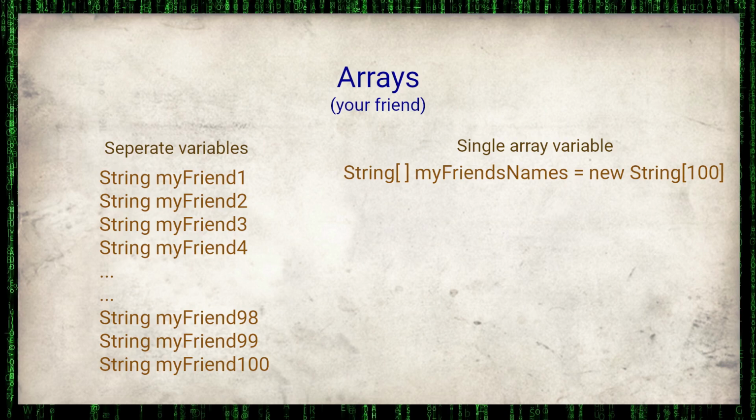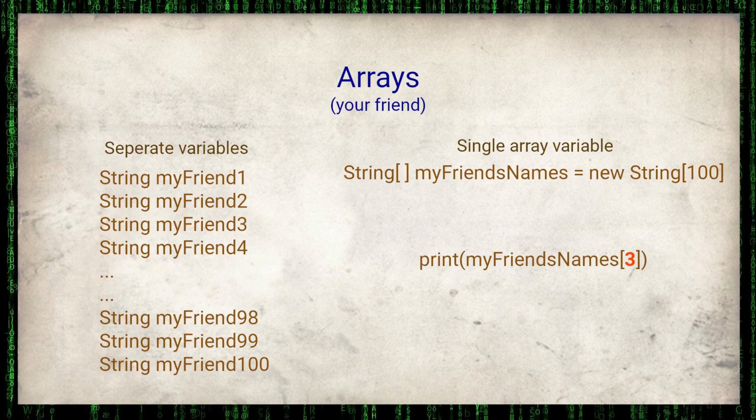You tell it, well, I want to have 100 let's call them variables inside the array, but they're normally referred to as indexes. And you've got one variable, and you can put all 100 of your friends inside that one variable. If you need to refer to a specific friend, you use that array name, and you do what we call an index on it.